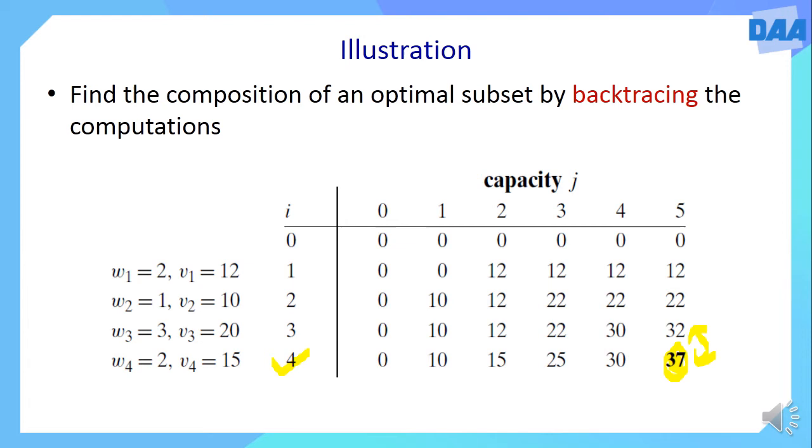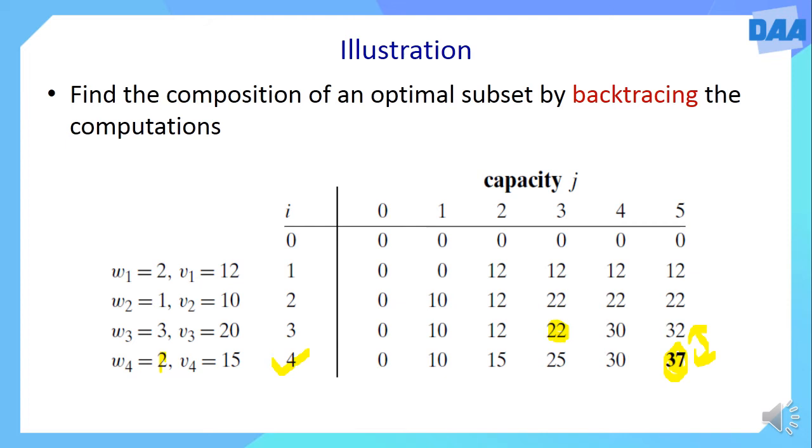Now, from the optimal solution, let us remove the fourth item. If you remove the fourth item, the weight is reduced by 2, because the fourth item's weight is 2. So 5 minus 2, that is nothing but 3. So next, look into this particular position.